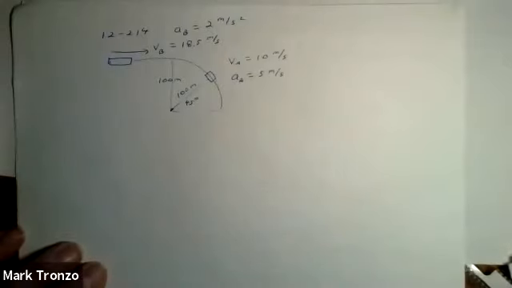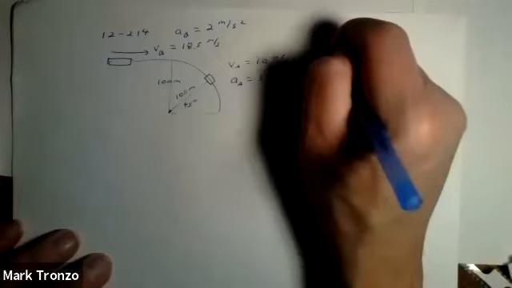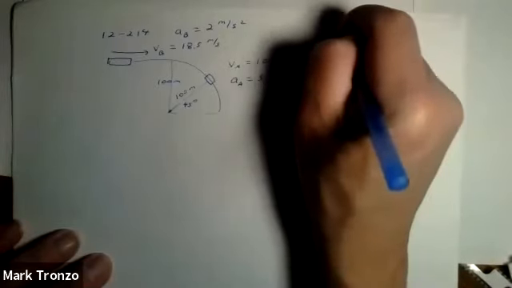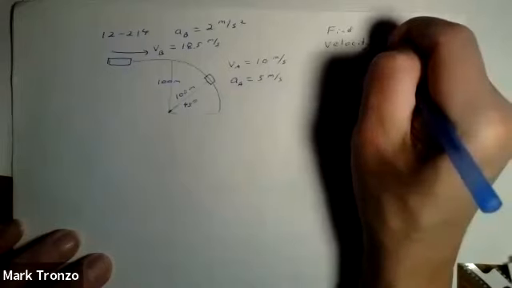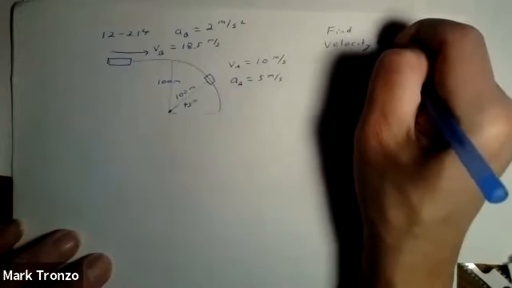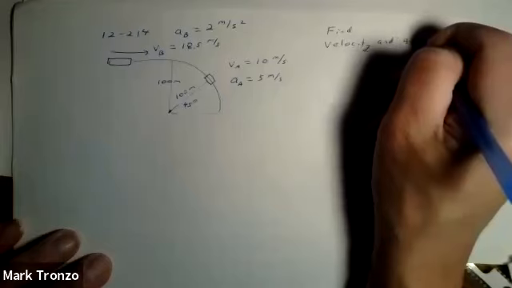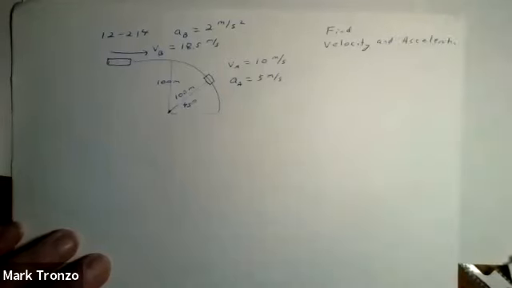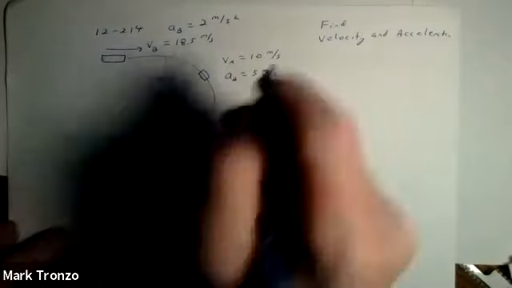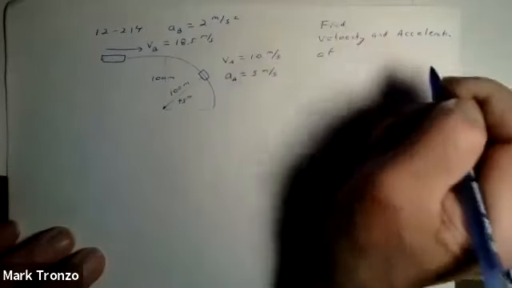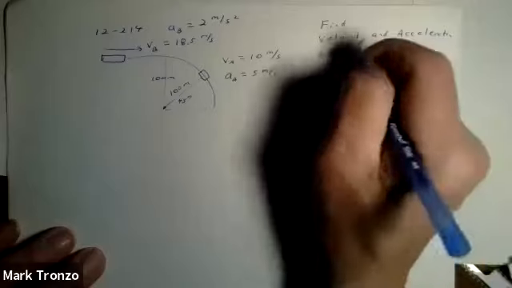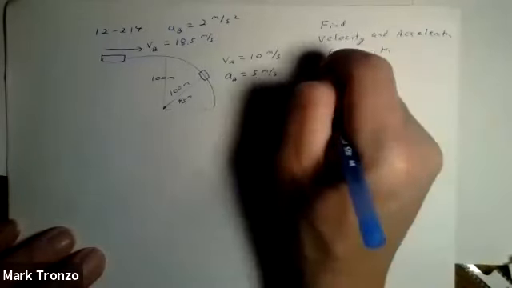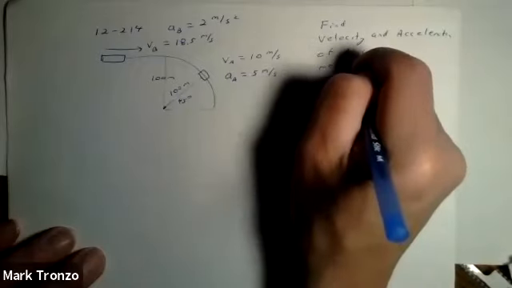So this time I want to know the velocity. Find velocity and acceleration of A with respect to B at the instant shown.